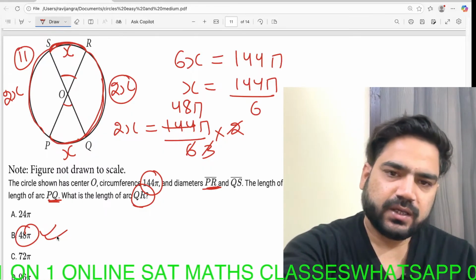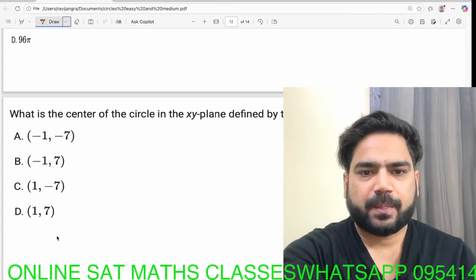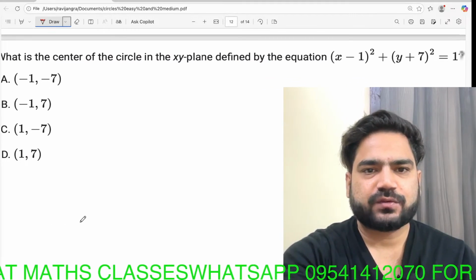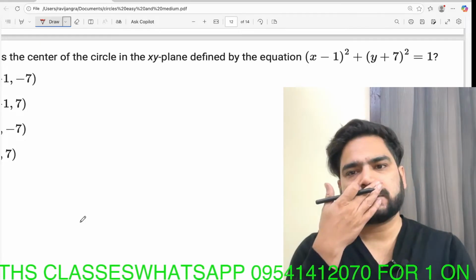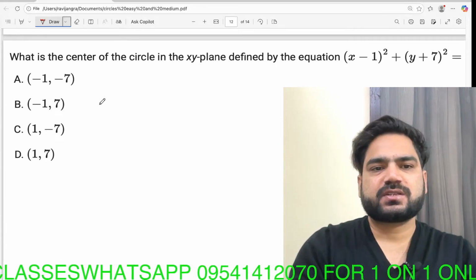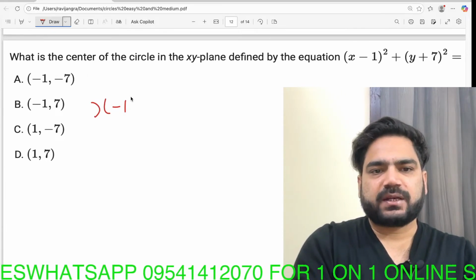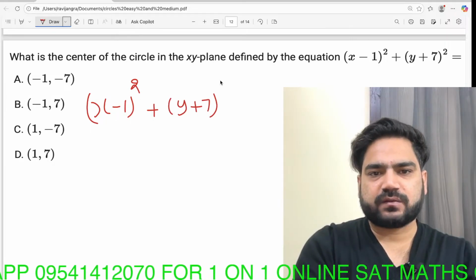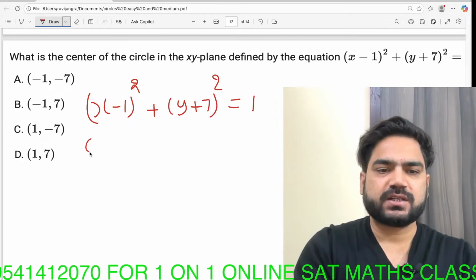Moving on, next question is question number 12. They are asking what is the center of the circle, and this is the equation. Very easy equation is given, (x minus 1) square plus (y plus 7) square is equal to 1. So what is its center?